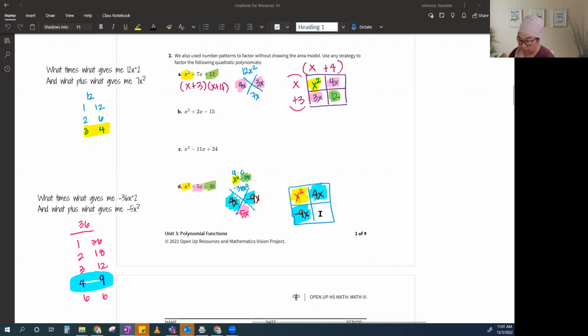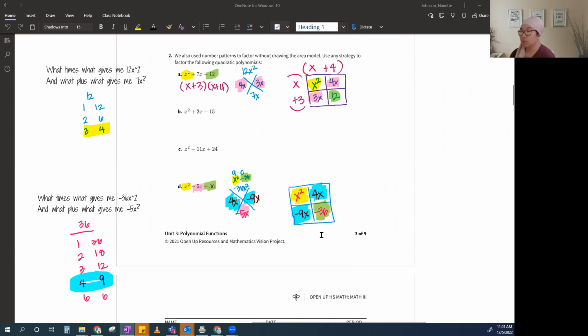What goes in my last box? Oh, so no, not -36x squared. No. The first term literally goes in the first box, and I'll explain why. What goes in my last box? Yeah, my last box is my last term. -36. Very good.